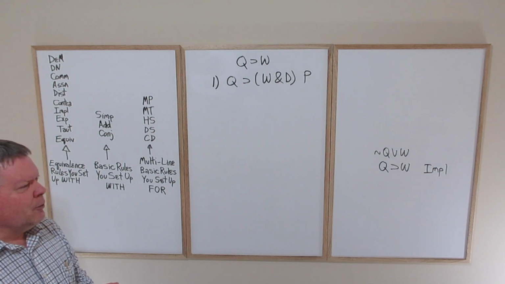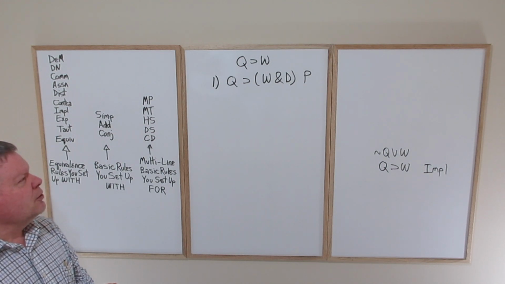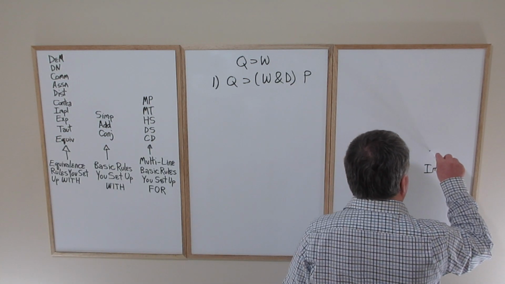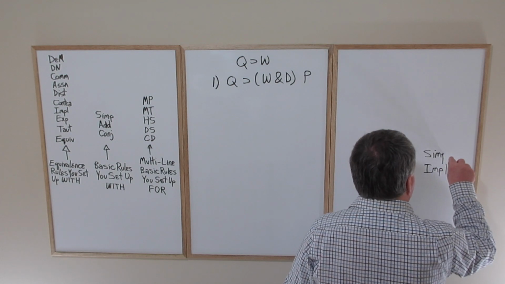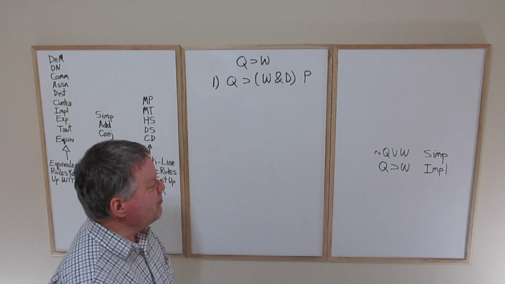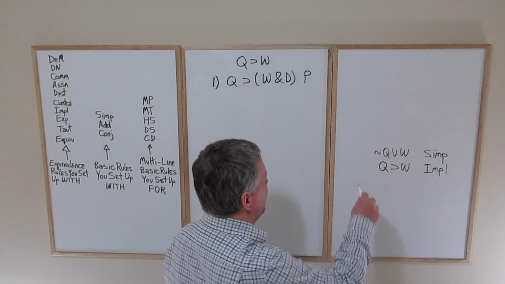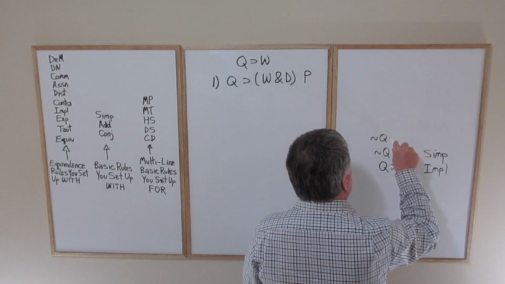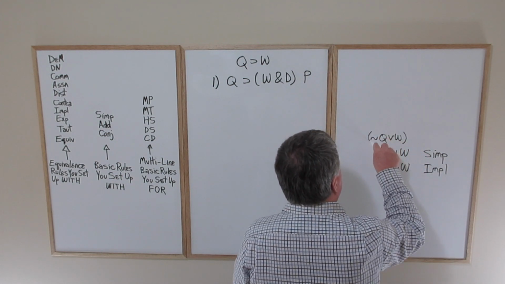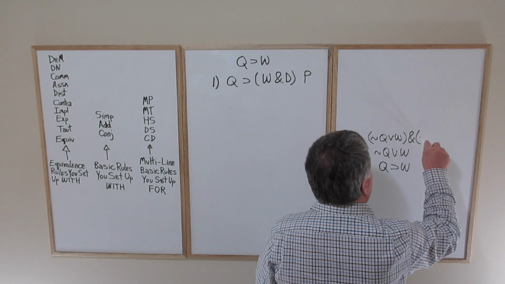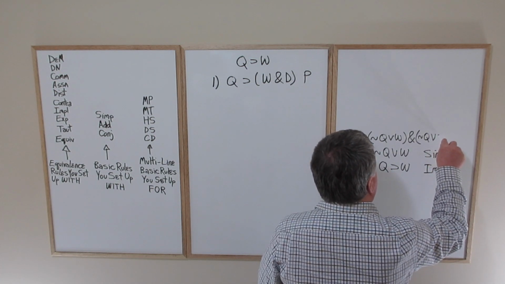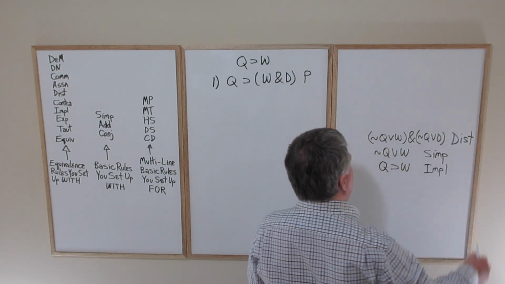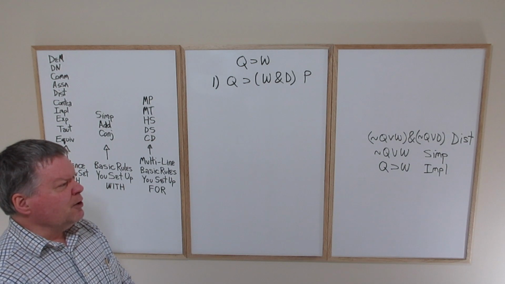how are we going to get that conclusion given the single premise that we have? Here, familiarity with the rules is crucial. The way we're going to get a sentence like this is by simplification from a conjunction of two sentences, namely tilde Q or W and tilde Q or D. That's the sentence that's going to come by distribution.